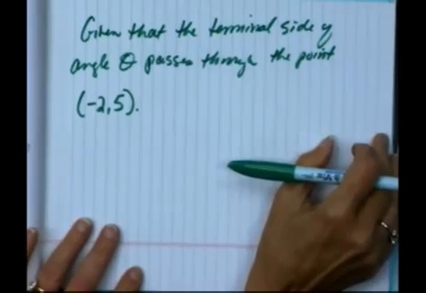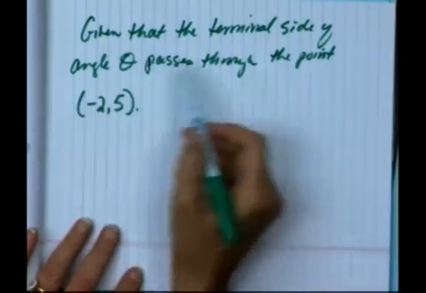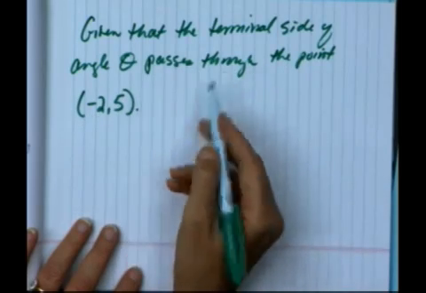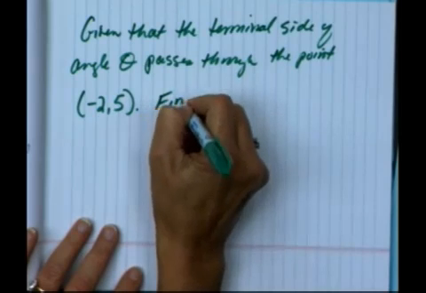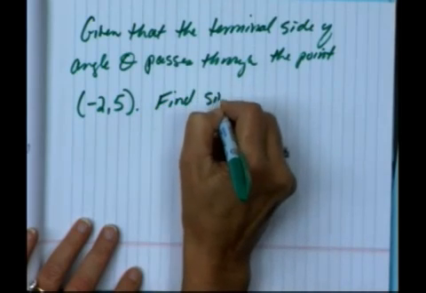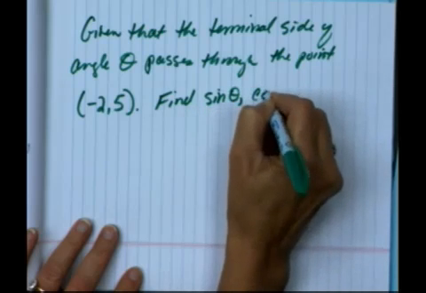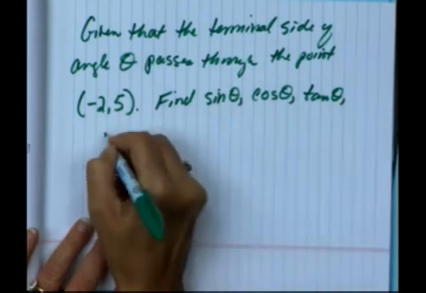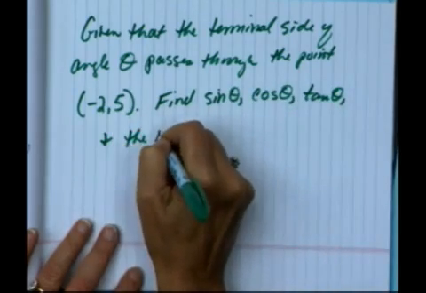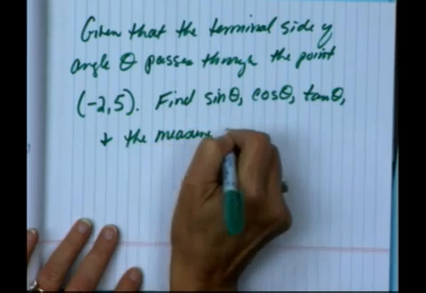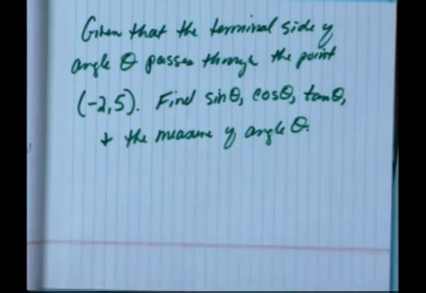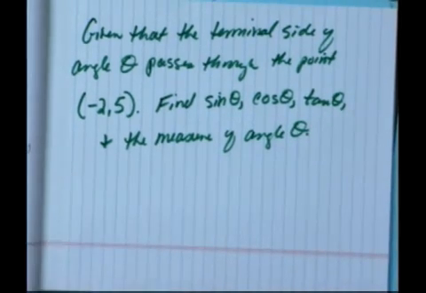It's just going to be a given that it's in standard position. Given that the terminal side of angle theta passes through the point -2, 5, find the sine of theta, cosine theta, tangent theta, and the measure of angle theta. Okay, so this question is a little different.